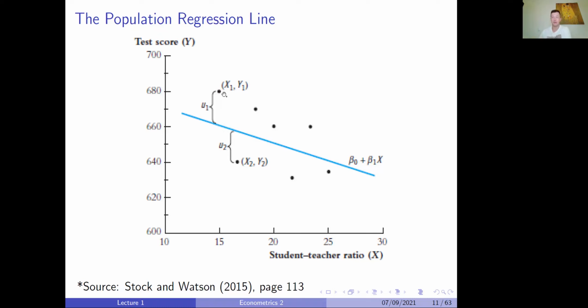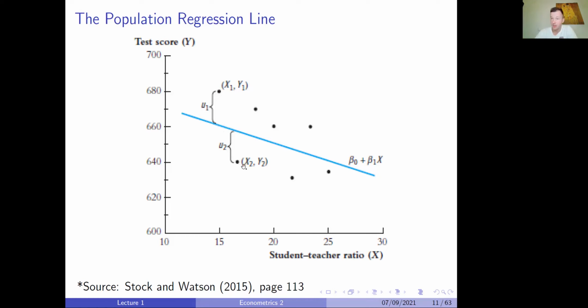Because there are other factors besides the student-teacher ratio that affected the test score. Probably they have less strict teachers. Probably in that district, students are richer, and their parents can afford additional classes. Maybe something else affected this higher outcome.